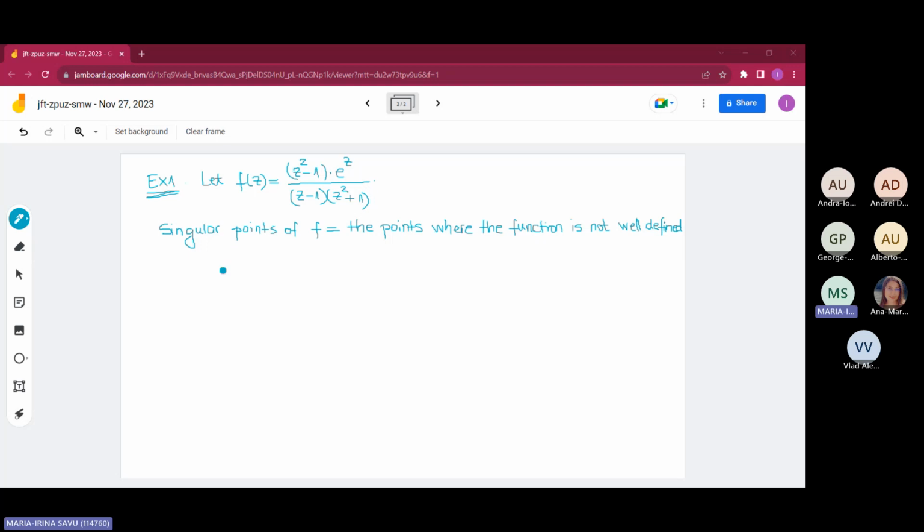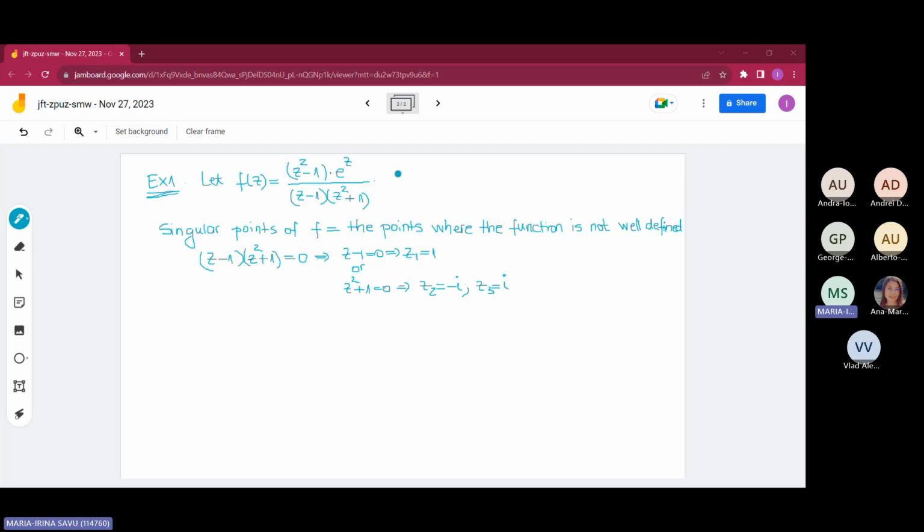So in this case, having a fraction, the singular points will be given by the equation in which the denominator is equal to 0. So from this equation, you have first that z minus 1 is 0, and z1 is 1, or z squared plus 1 is 0. So z2 is minus i, and z3 is i.